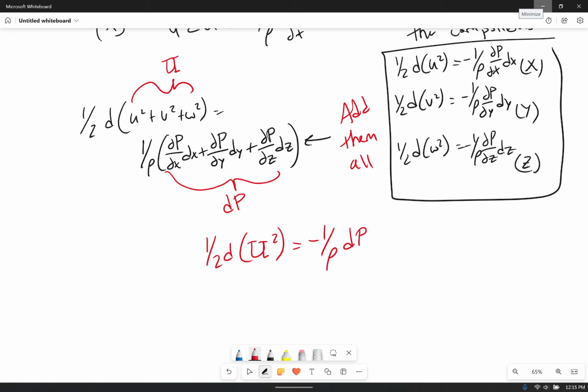And if I integrate both sides of this, what do I get? Surprise, surprise. I get that my pressure plus 1/2 times the density times my total velocity squared is equal to a constant.